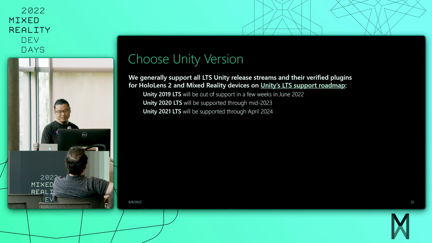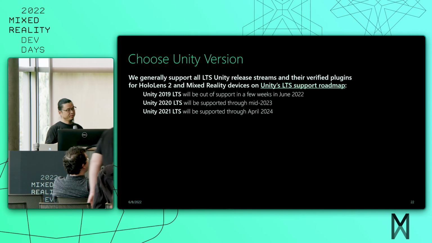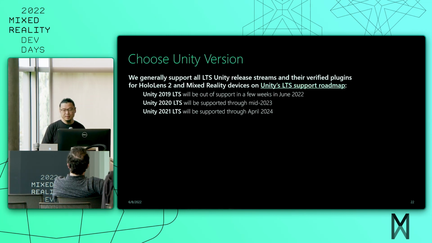Besides improving our own engineering quality within our team and working with Unity closely on these issues, we're also trying to make any of these blocking issues as transparent to the developer community out there as possible. So first, a North Star for us is that we are generally supporting all the LTS stream of Unity releases and their verified plugins.